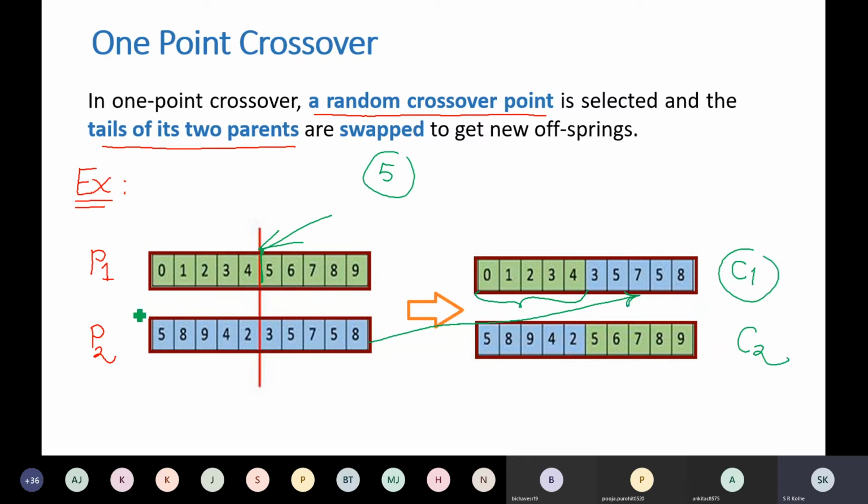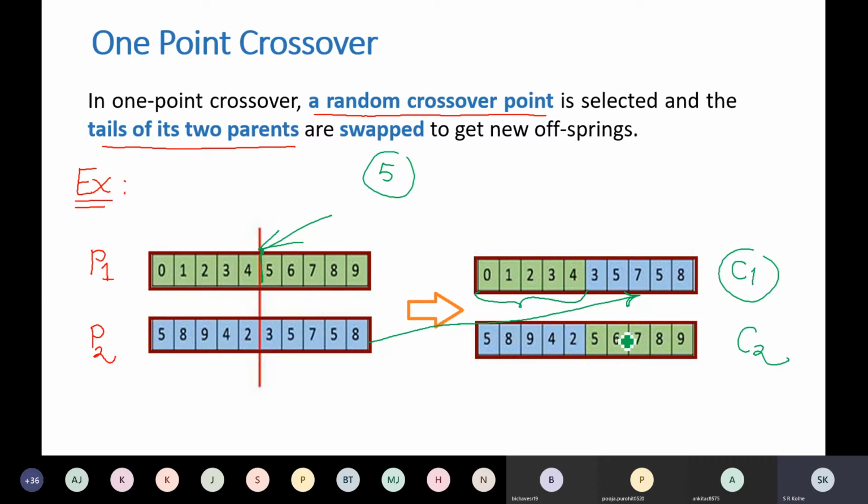What we have done, parent P1 is as it is up to the fifth digit, but after the fifth digit, the tail of P2 is attached with C1. So this is the new offspring generated, which has some of the attributes from parent P1 and some of the attributes from parent P2.